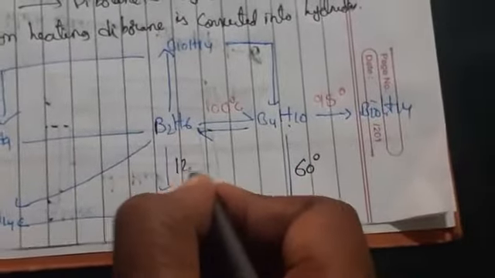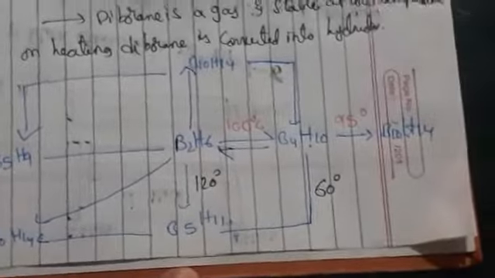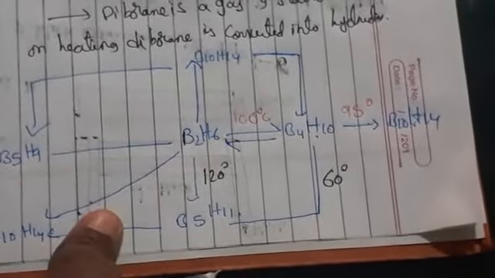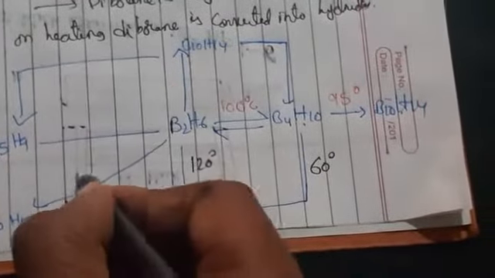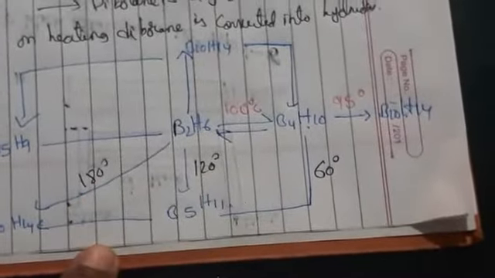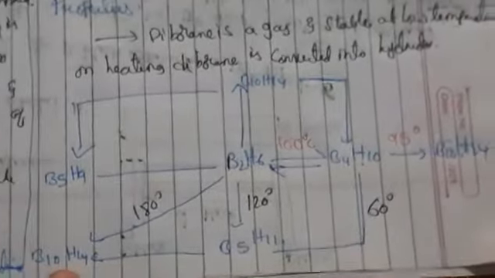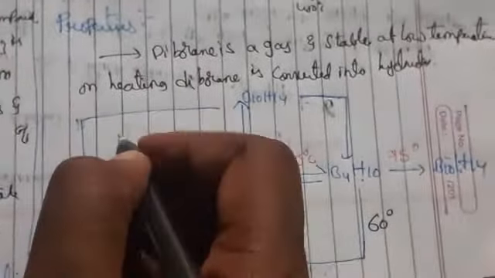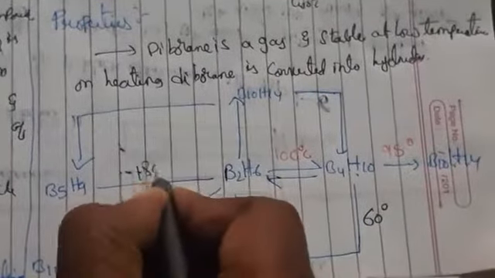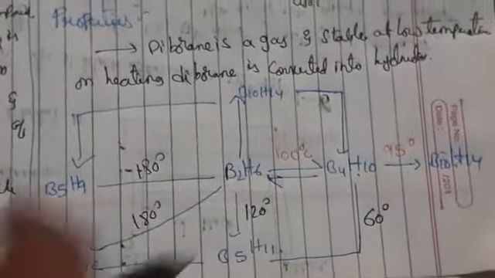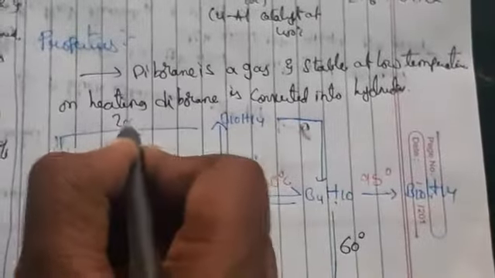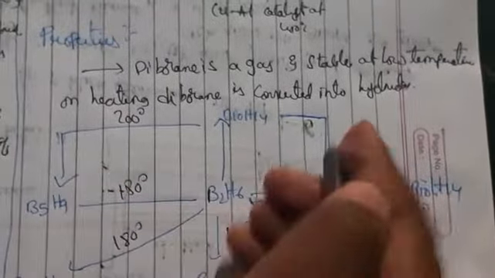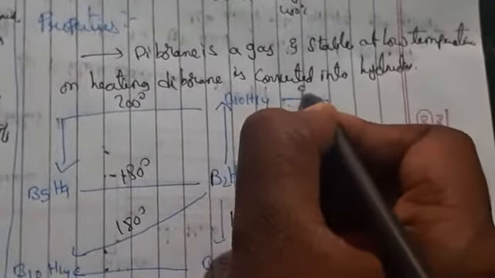At 120 degrees, it forms B5H11. At 180 degrees, it forms B10H14, and also at 180 degrees B5H9 forms. At 200 degrees, B10H14 forms B5H9. At 95 degrees, it forms B4H10.